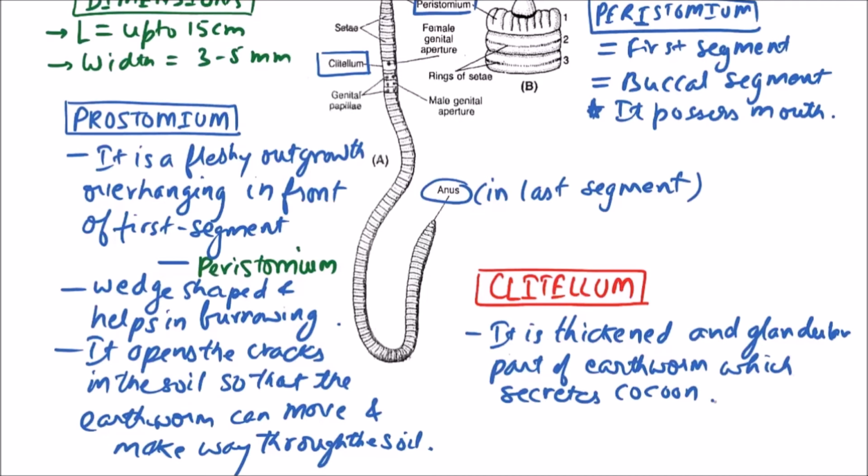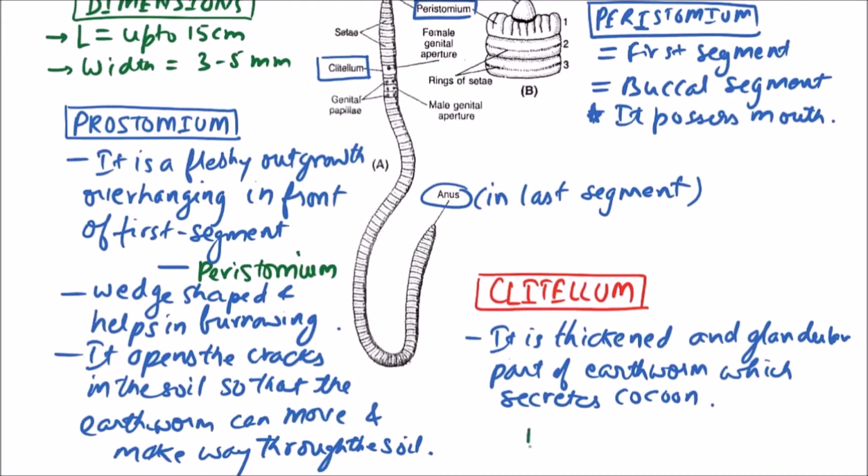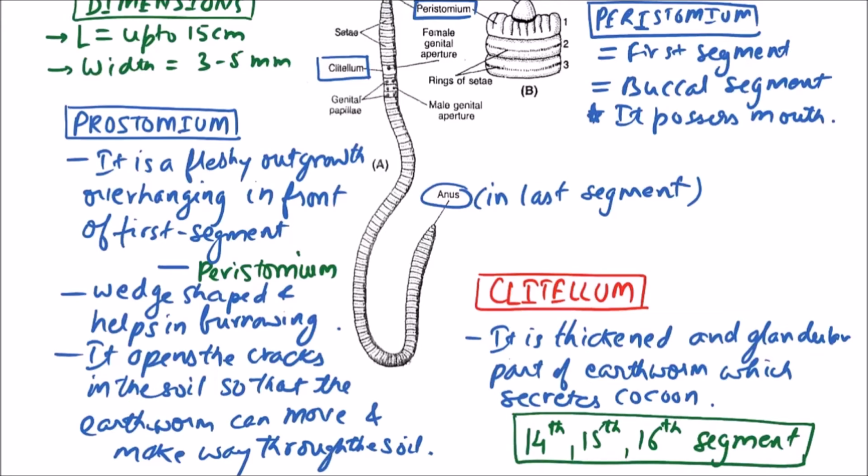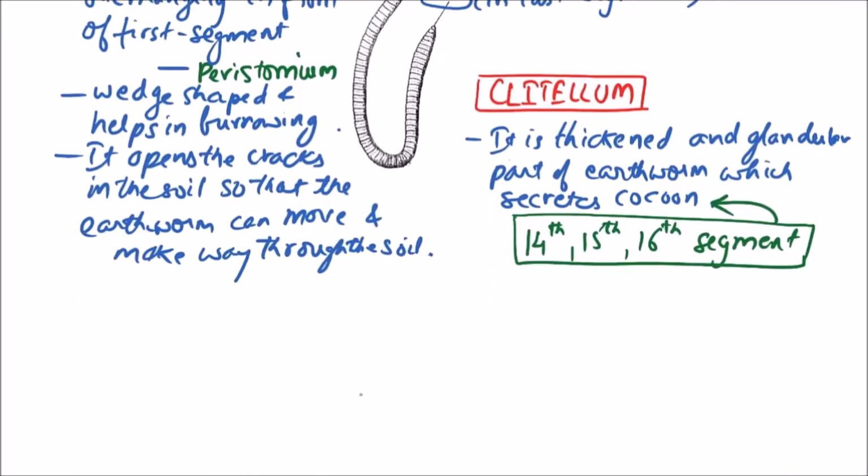Now, this is found in 14th, 15th and 16th segments of body, which constitute the clitellum that secretes cocoon.